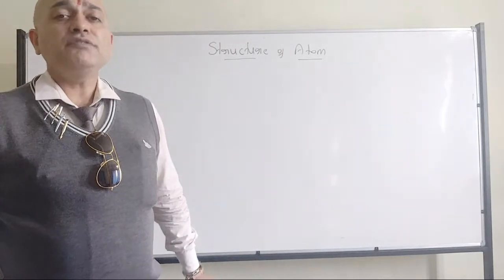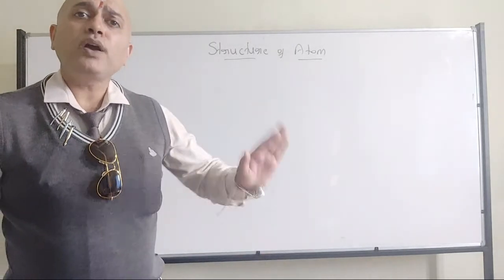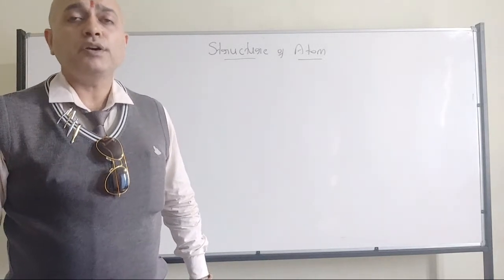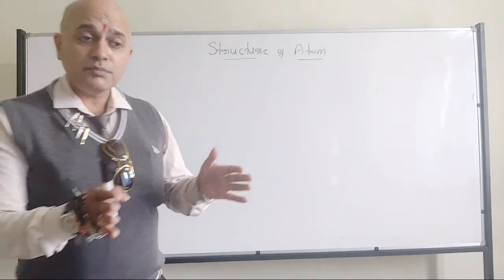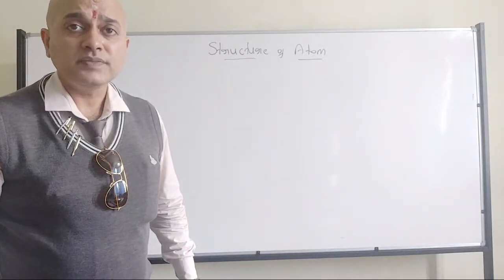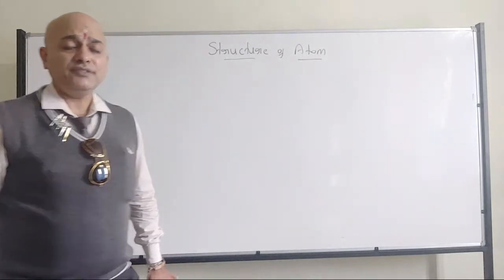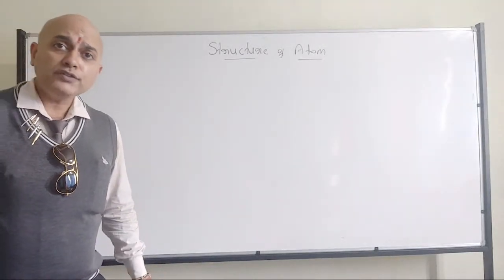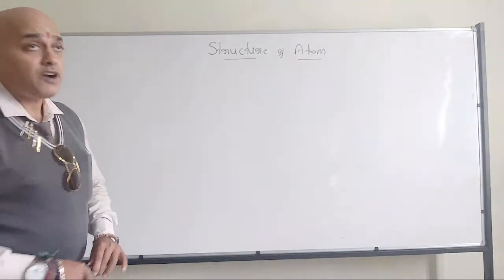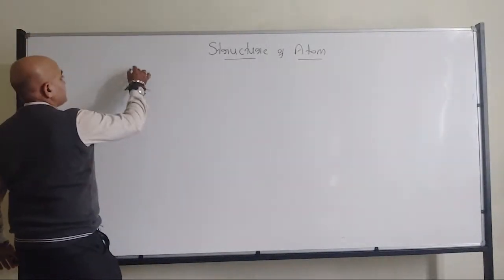So now what I will do is I will give the points for limitations of Bohr's atomic model. Then we have to discuss photoelectric effect, which I have not taught.